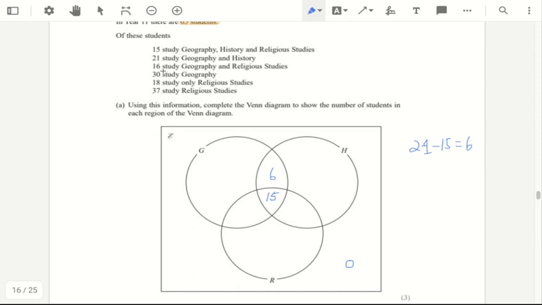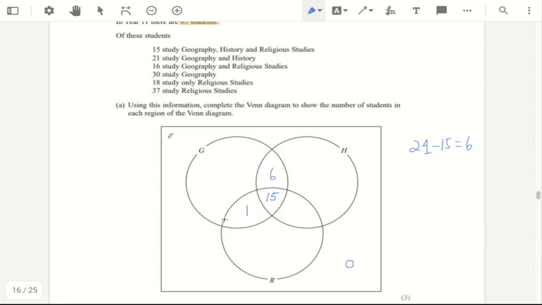Okay, next one. 16 study geography and religious study. So this part here needs to add up to 16. Since this is 15, 16 minus 15 is 1. So this whole part here adds up to 16. Okay, next. 30 study geography.